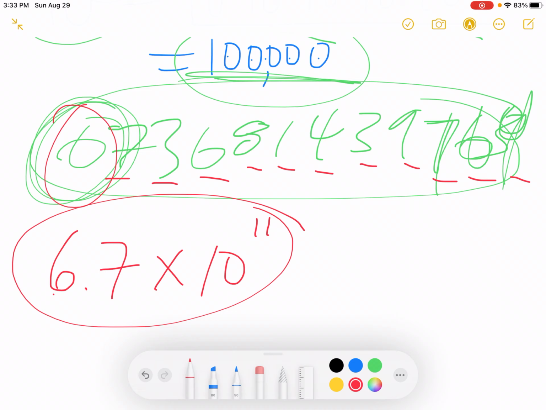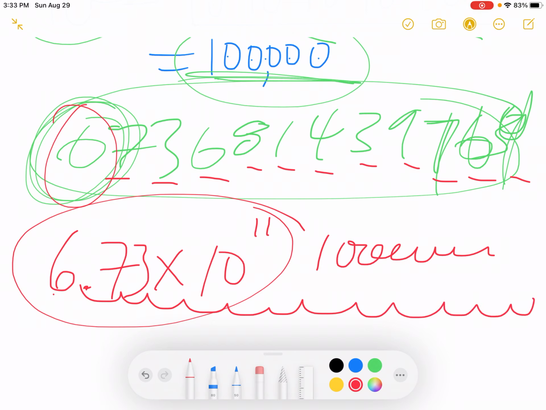So that's how we write scientific notation, and it's used as a short form. Sometimes we do something like this, 6.7 times 10 to the 11, and what that means is, if you had 6.7 and you multiplied by 10 to the 11, well, that'd be 1 with 11 zeros after it. Or you move the decimal over 1, 2, 3, 4, 5, 6, 7, 8, 9, 10, 11 spots. And if you look at that, that's 11 spots.